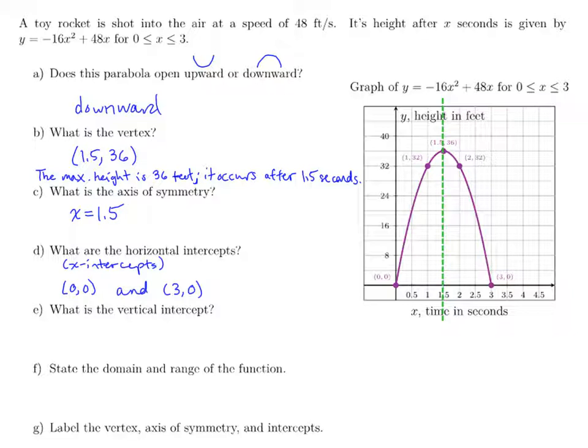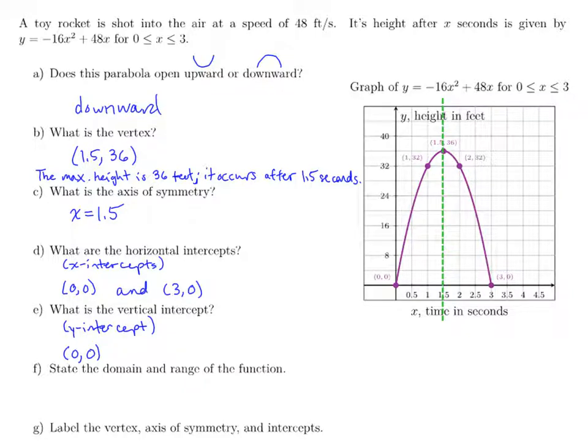The vertical intercept actually overlaps here with one of the horizontal intercepts because this graph happens to pass through the origin. So our vertical intercept, which for this particular variable is the y-intercept, is going to be the point (0, 0). That occurs wherever we hit the y-axis.